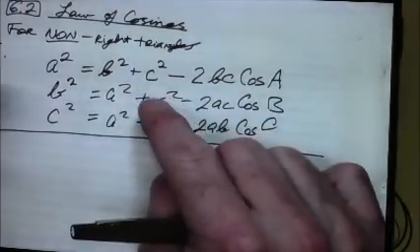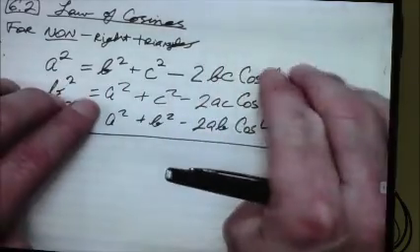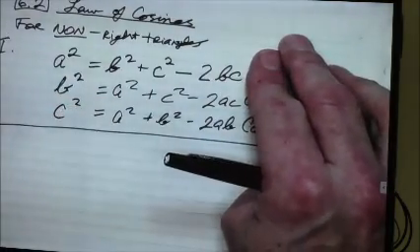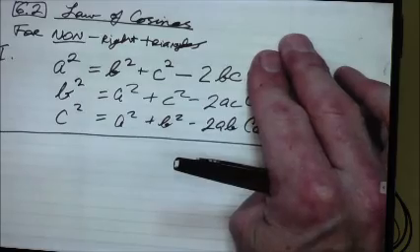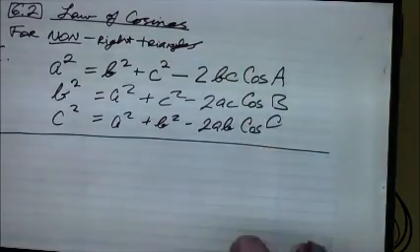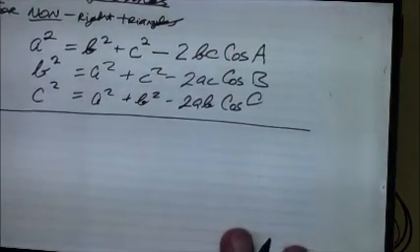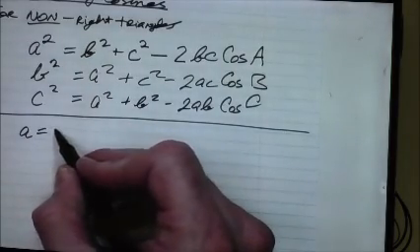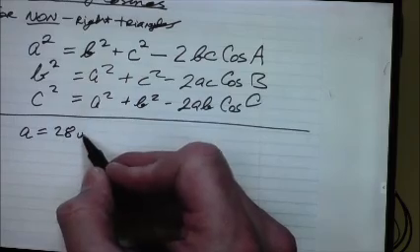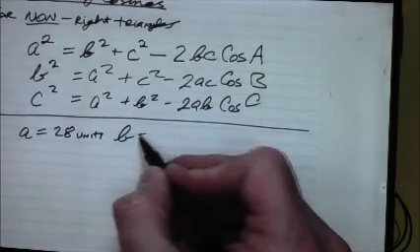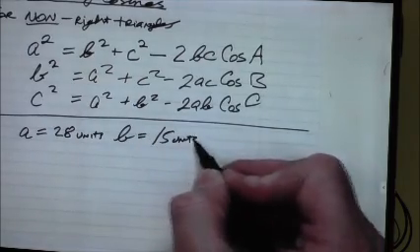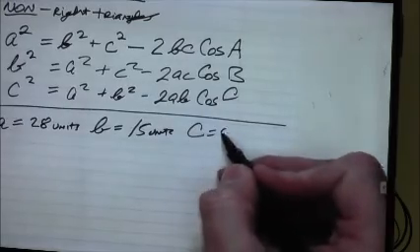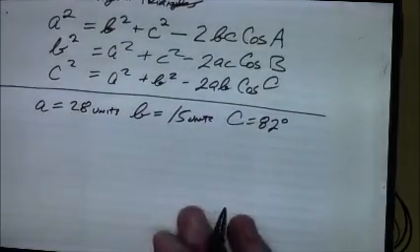It also can work if, instead of the angle, you're just given the three side lengths. You can still do this one, and that's actually one of the examples that I give. There are two examples here, one of which is with an angle. Let's do this. I'm going to tell you A equals 28 units, B equals 15 units, and C equals 82 degrees.